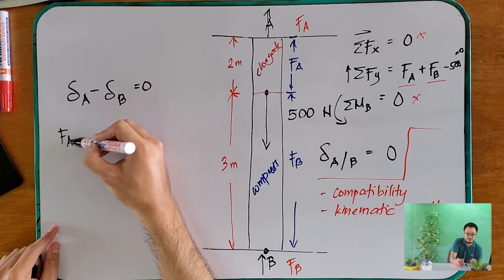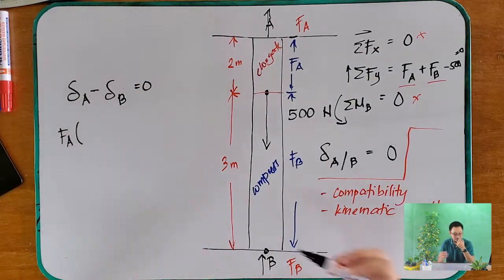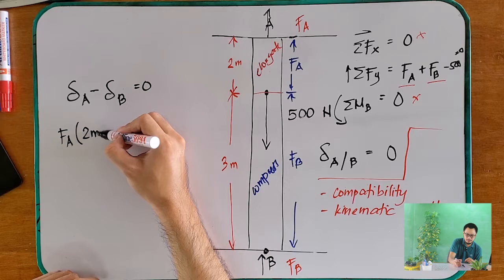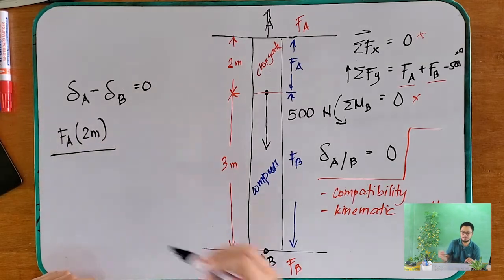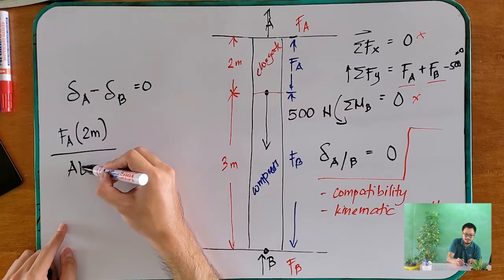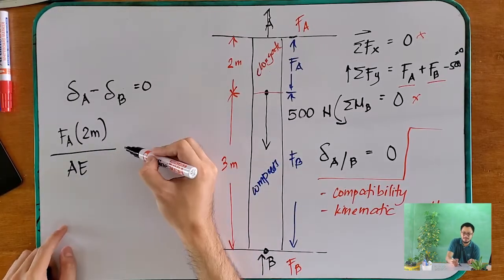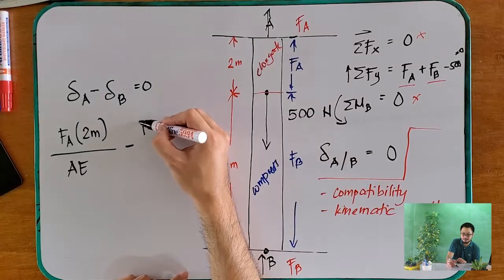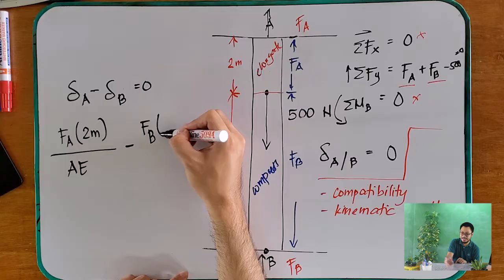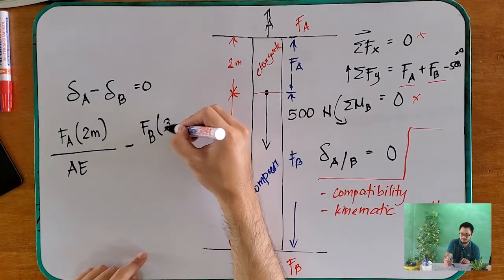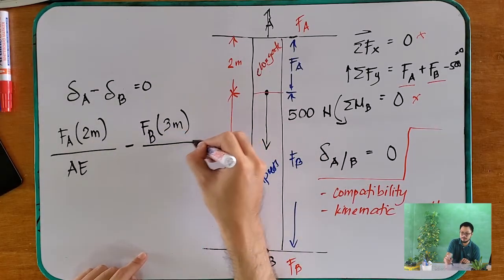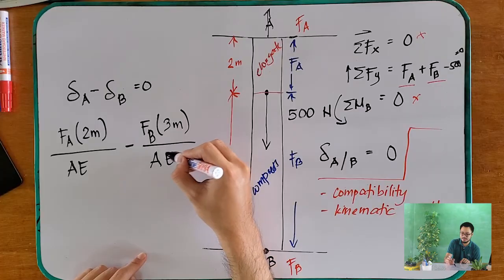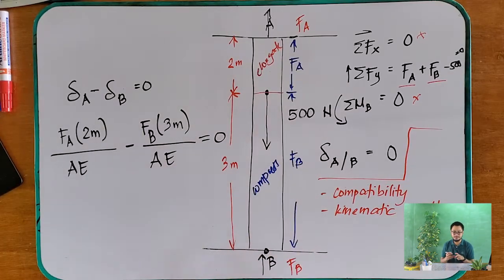FA times the length of 2 meters over cross-sectional area. Way gihatag nga area, so A times E. Minus, kaning B na pod, FB times 3 meters over area times modulus of elasticity.